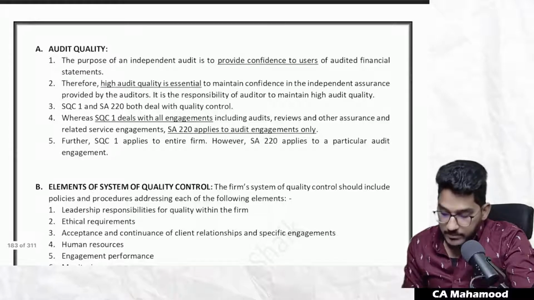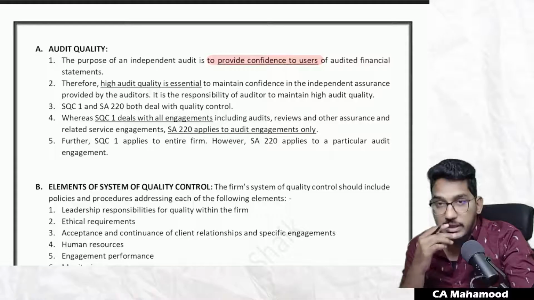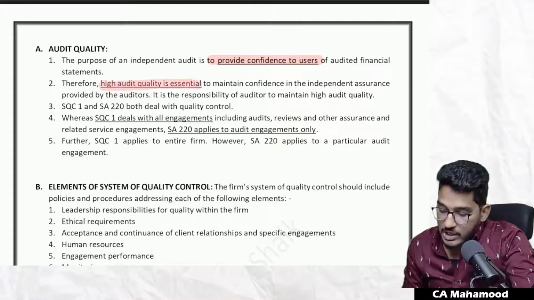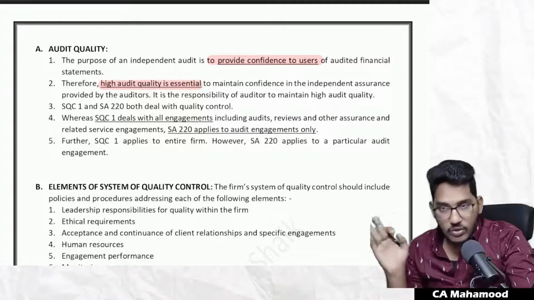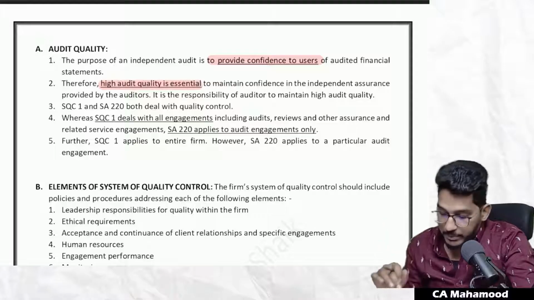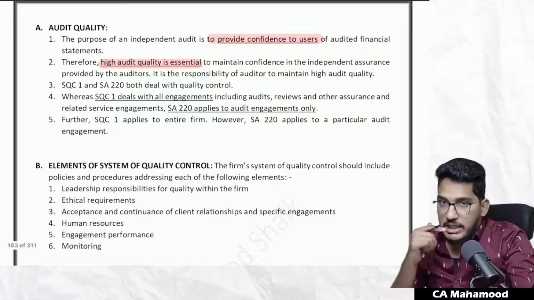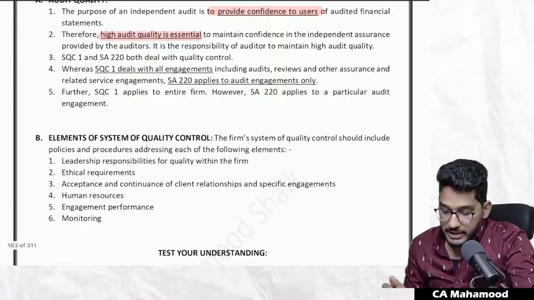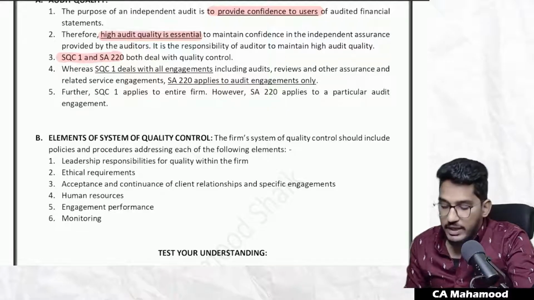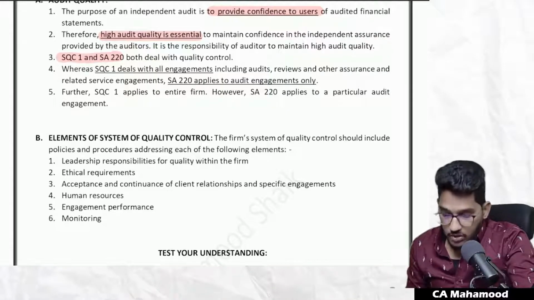So audit quality. The purpose of an independent audit is to provide confidence to the users of audited financial statements. Therefore, high quality audit is essential to maintain confidence in the independent assurance provided by the auditor. Whose responsibility is it to maintain high quality? Auditor's responsibility. SQC1 and SA220 both deal with quality control only.